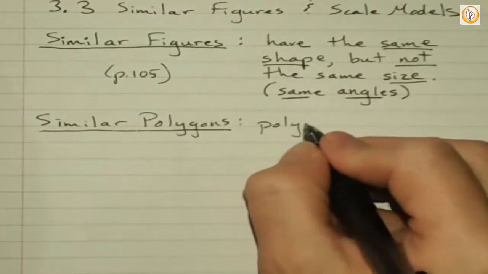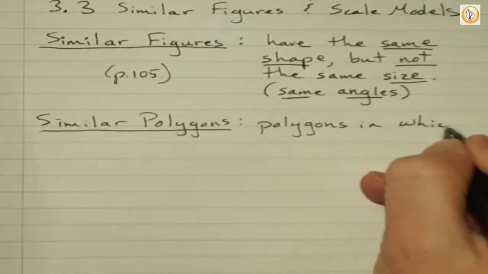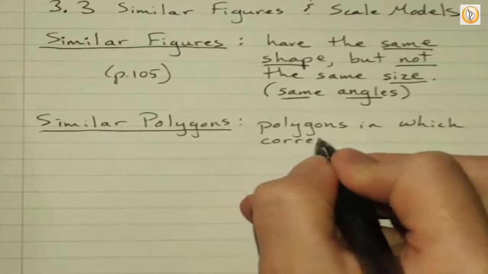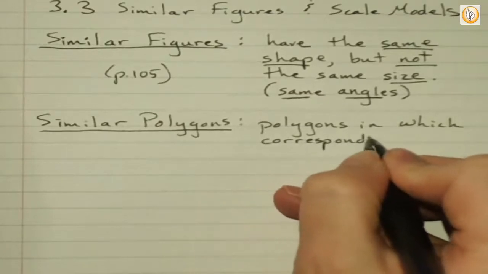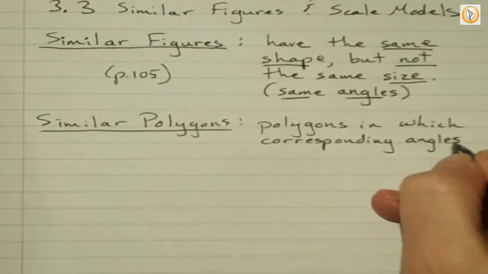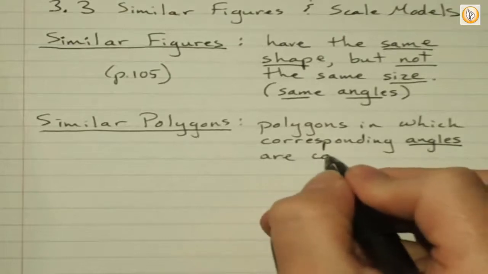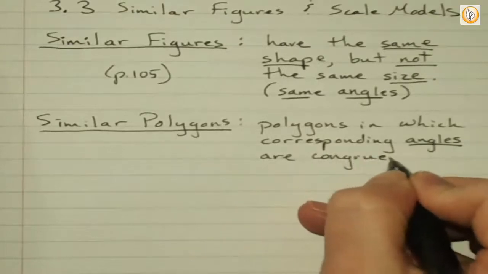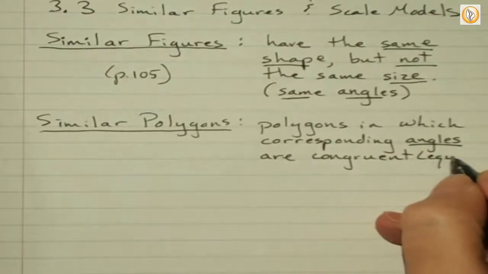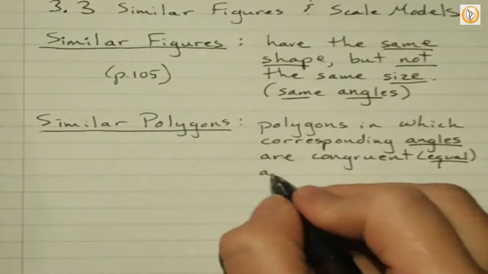By definition, polygons in which corresponding angles are congruent. What does congruent mean? The exact same, or equal.